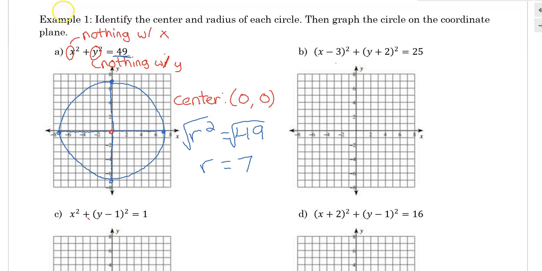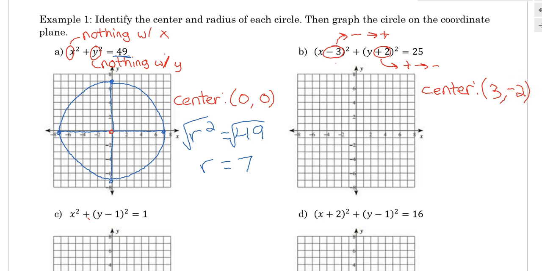Looking at B. Okay, same thing. Let's start with our center. What's with x and what's with y? The negative changes to positive. The positive changes to a negative. So my center is at positive 3, negative 2.